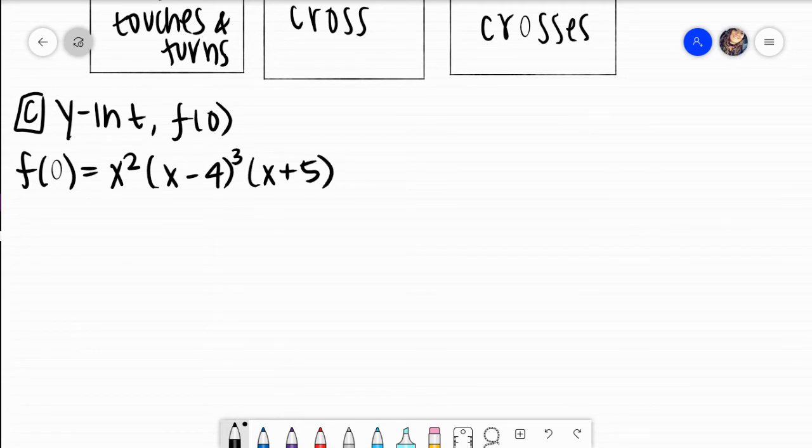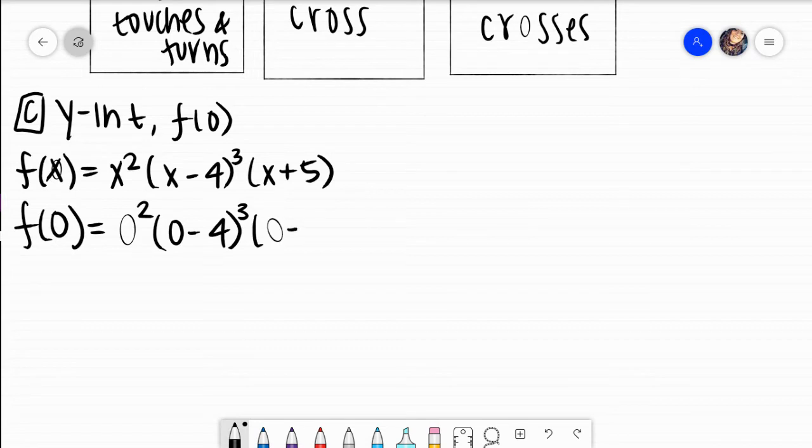Okay, so actually plugging in, I'm going to write an x over here, just because I haven't plugged in my 0 yet. Now this is me plugging in my 0. I would get 0 squared times (0 minus 4) cubed, times (0 plus 5). If you notice here, this 0 squared goes to 0, so everything is going to 0.